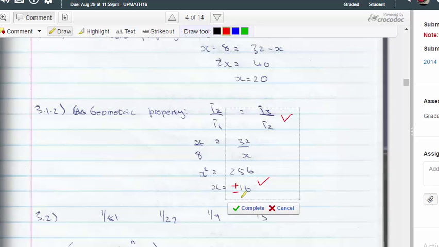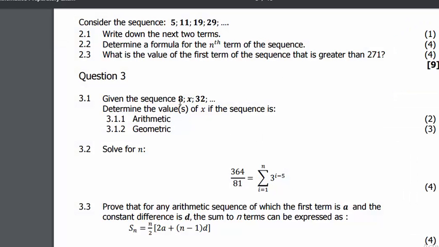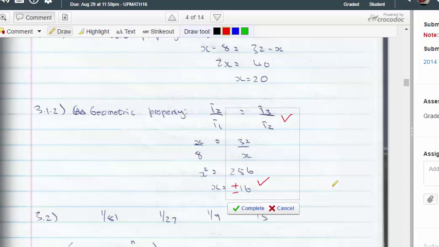In other words, the constant ratio could have been times 2, so I'm multiplying by 2 every time: 8 times 2 is 16, 16 times 2 is 32, but it could have also been negative 2. 8 times negative 2 is negative 16, and negative 16 times negative 2 is positive 32. So x could have been either one, so he only gets 2 marks.